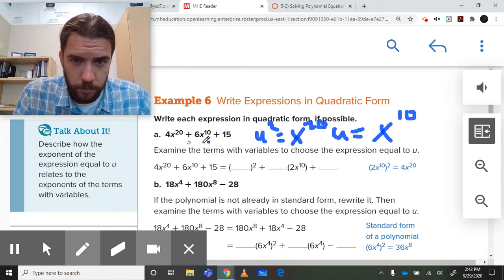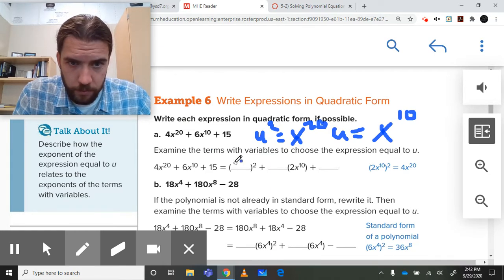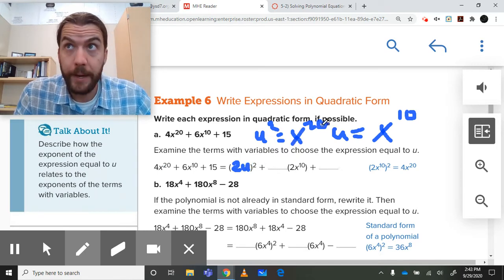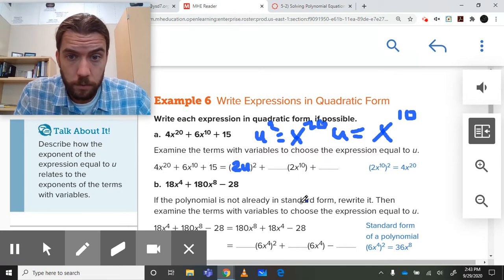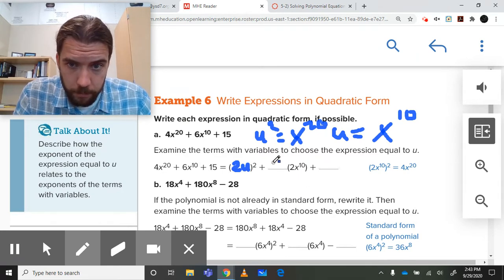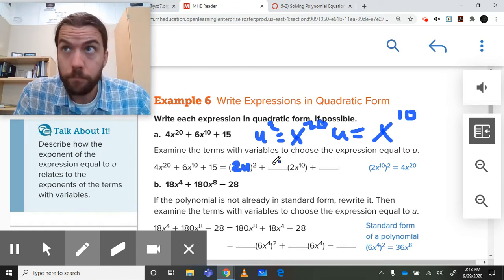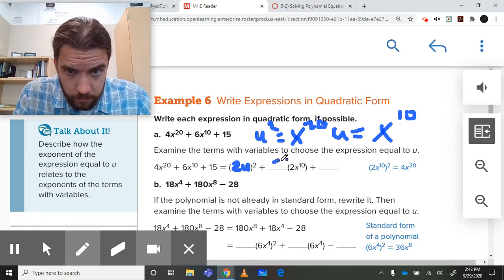Okay, so what can we do here? Well, we can say that we have 2u squared, right? Because the 2 squared gives me the 4. The u squared is my x to the 20th. So 2x to the 20th is 2u squared. Plus 6x to the 10th, well, based off the example they're giving us here, that is going to be 3 times 2x to the 10th.